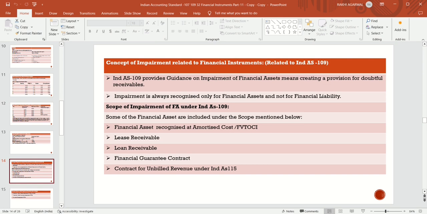What is unbilled revenue? The revenue which is earned for which the bill is not prepared. Means advance is received for which the bill is not prepared.